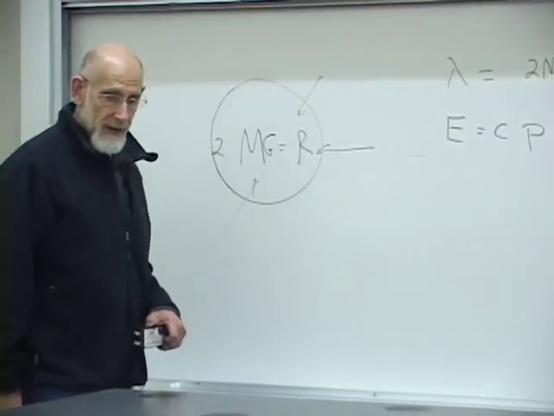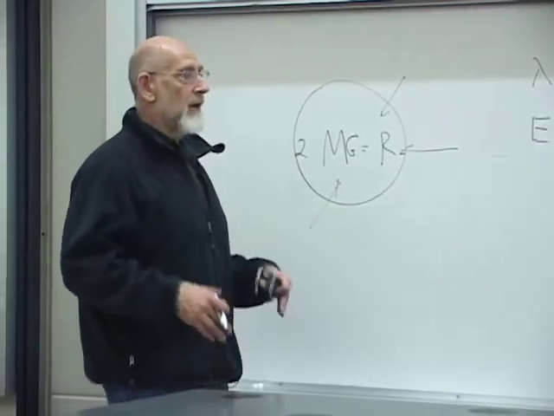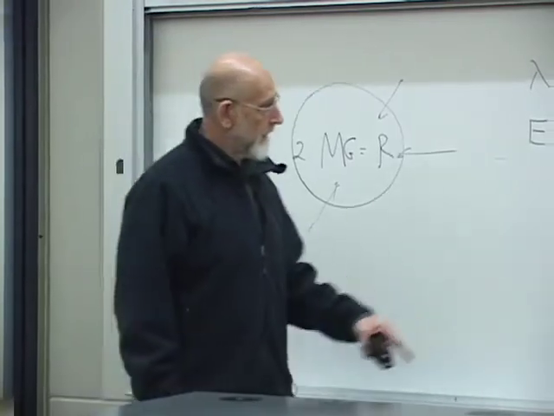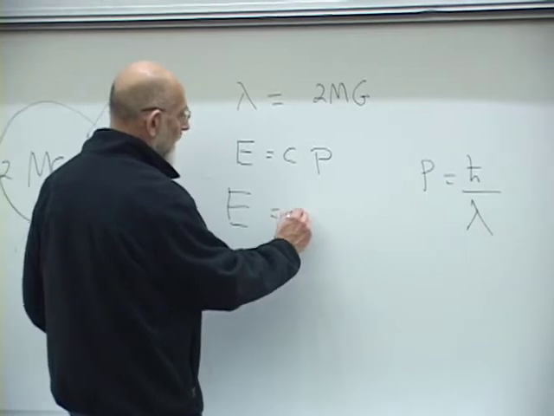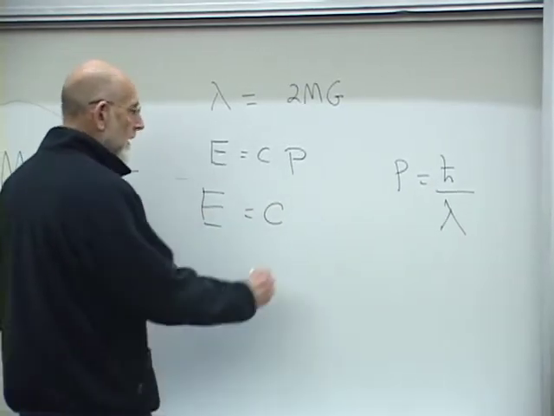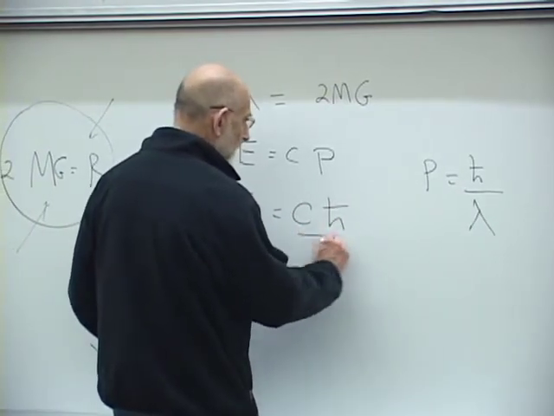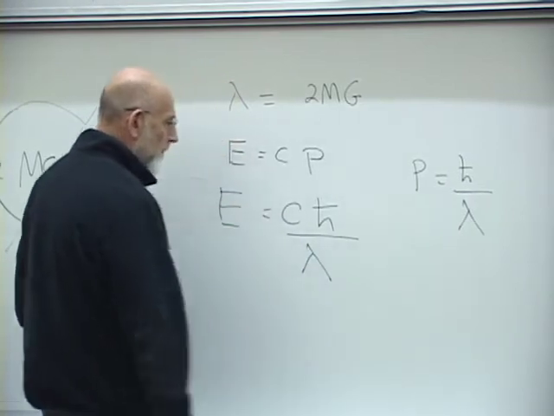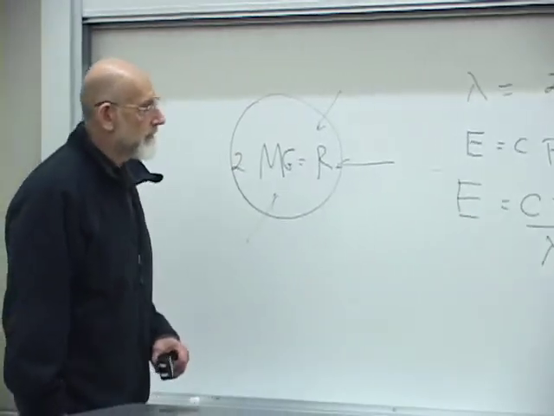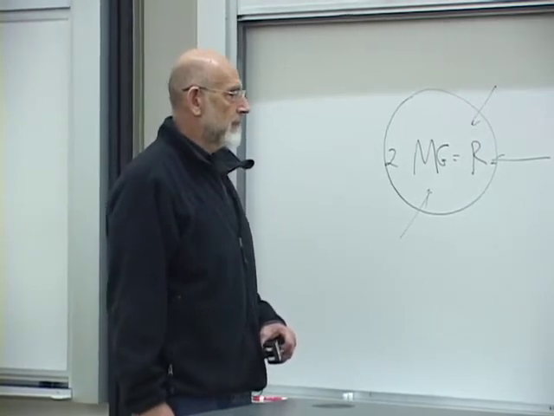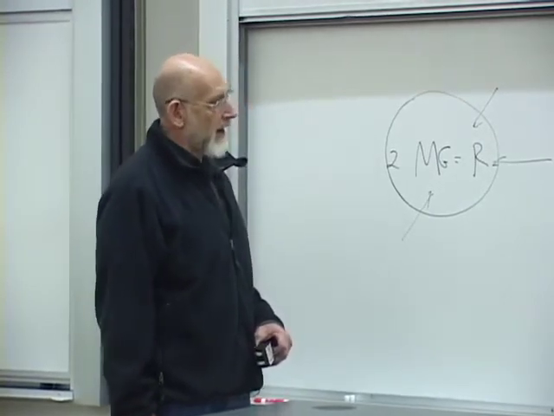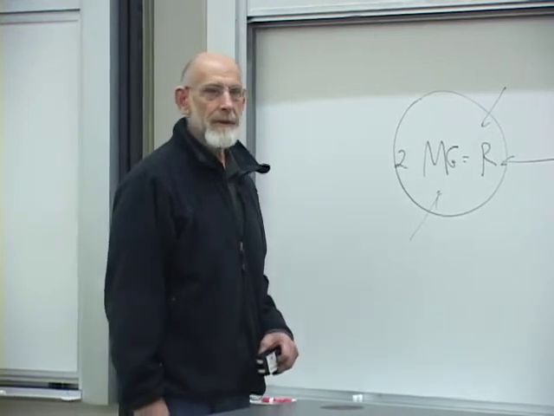Lambda being the wavelength. The shorter the wavelength, the higher the momentum. So now we can say that the energy of the photon that we threw in is the speed of light times Planck's constant divided by lambda. Is it h bar over lambda, or h over lambda? I'm not keeping track of 2 pi's.